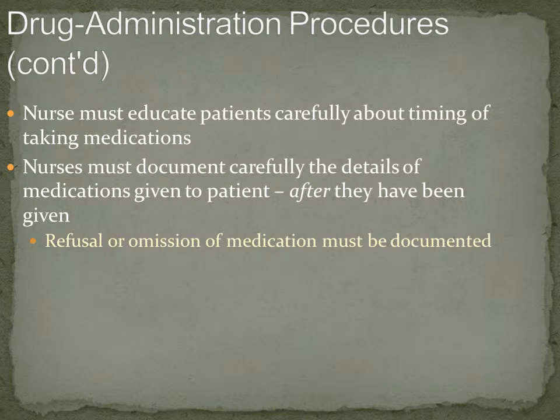Again, education is critical about when they take it because oftentimes that's something that they have trouble with. So making sure they understand that and repeat that information back to you is pretty critical in the whole teaching process. Nurses have to document the details given to patients after they've been given.